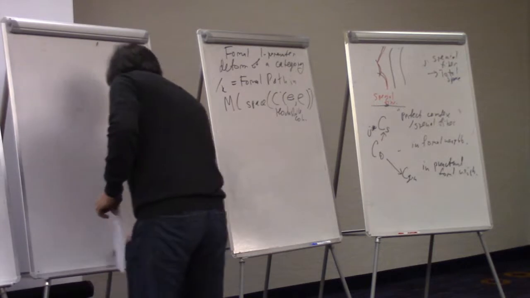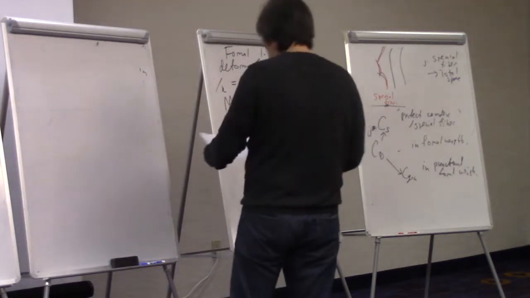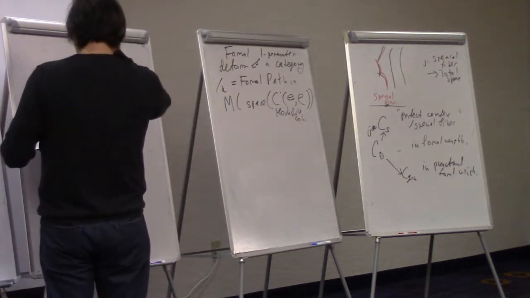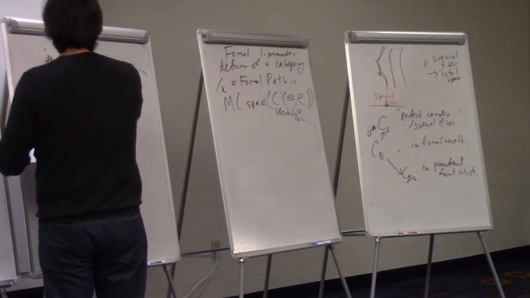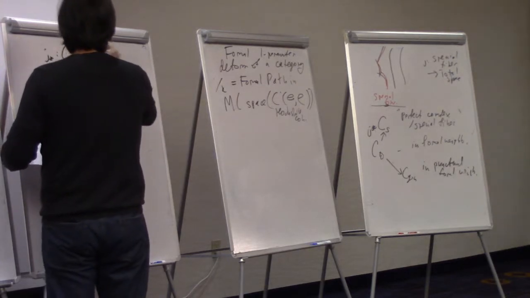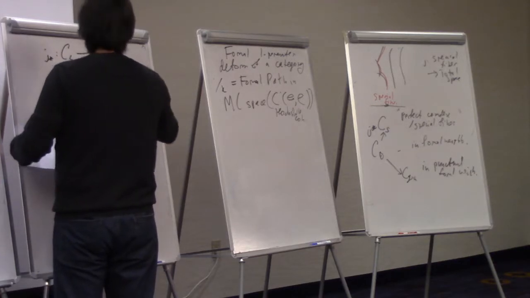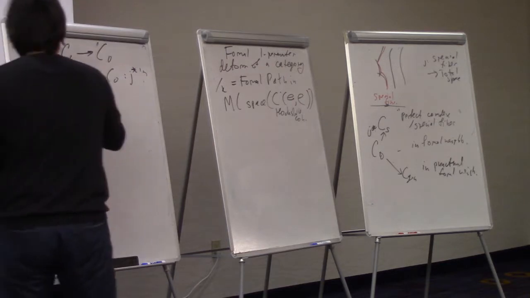And if you think in geometric expression, this functor has an adjoint. J lower star and J upper star are adjoint functors.